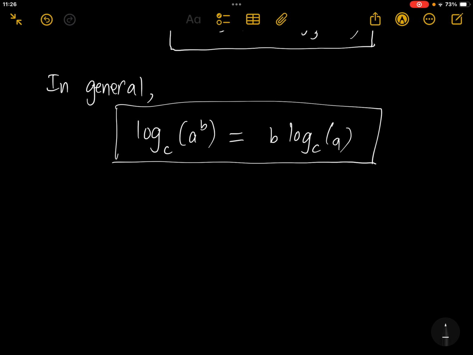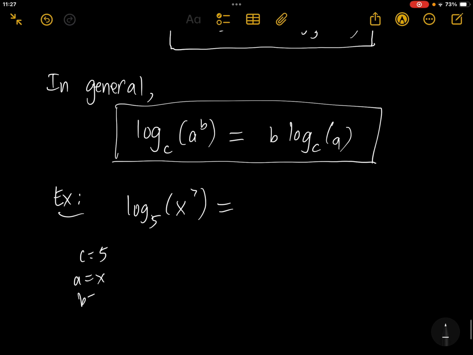That's an important property. So for example, log sub 5 of x to the 7th power is equal to, so my c is equal to 5 in this case, my a is equal to x, and my b is equal to 7. So if I just write down what the equation says, I get 7 times log sub 5 of x.